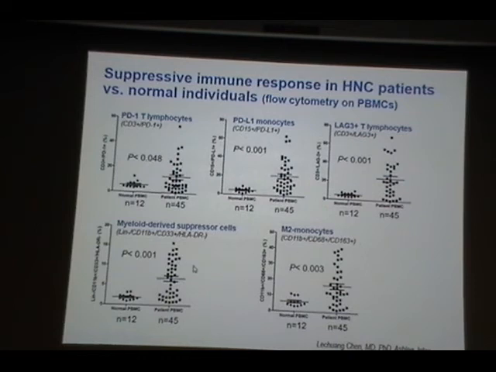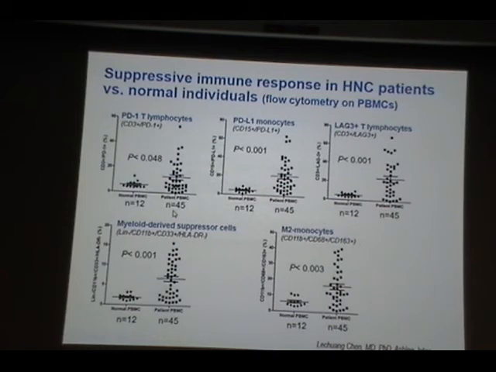Myeloid-derived suppressor cells, or myeloid cells, become suppressive to the activation of T cells because they produce inhibitory cytokines that inactivate them. And this is the work from my lab.